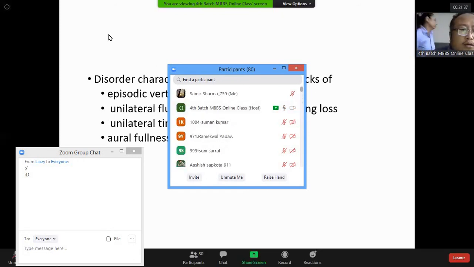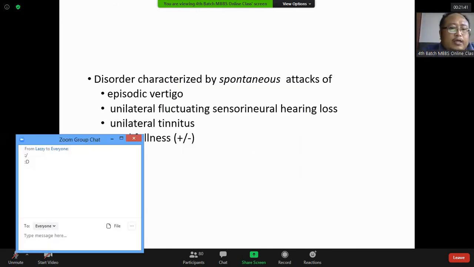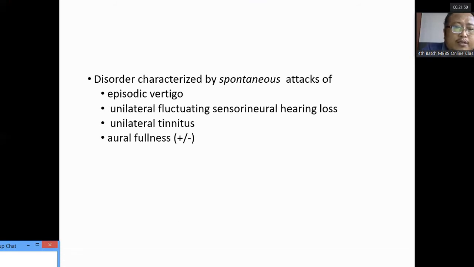Okay, let's continue. Initially the scientists or the otologists termed Meniere's disease with a triad of symptoms: episodic vertigo, unilateral fluctuating sensorineural hearing loss, and then unilateral tinnitus.